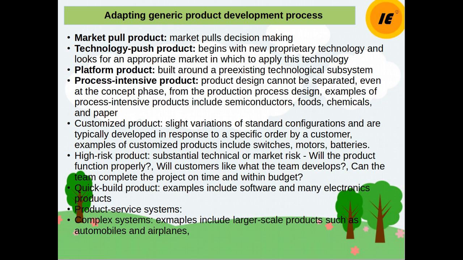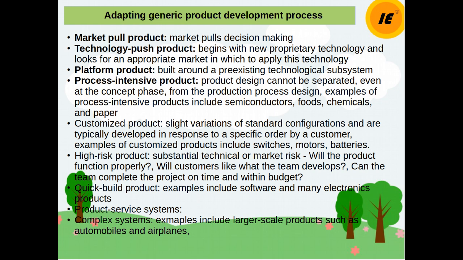The first example one can think of is something called market pull products. For that, the generic process that we discussed, the planning and then concept development, etc., can be followed in a straightforward way.